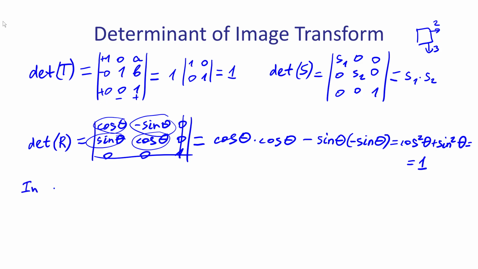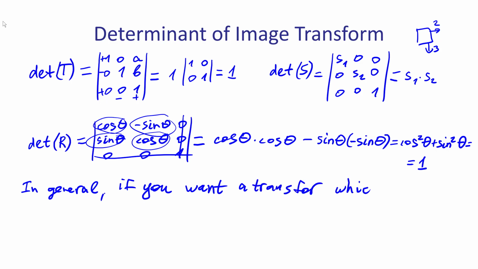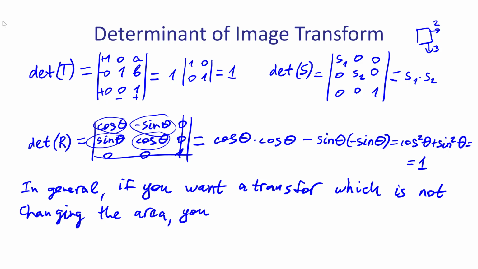In general, if you want a transform which is not changing the area, which is also called area invariant, the determinant of the transform needs to be equal to 1.